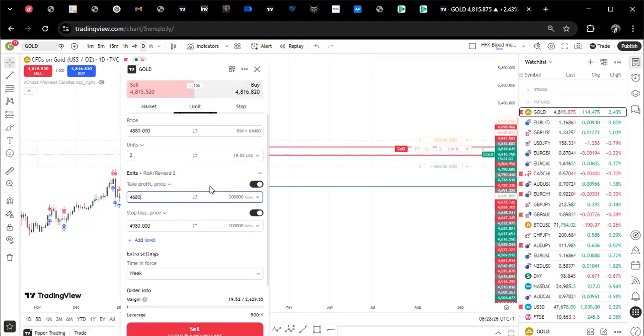So now the risk with the unit you have here is like $19, right? So for your entry, with the 100 points, it's one unit, and 100 points is giving you $100, right?